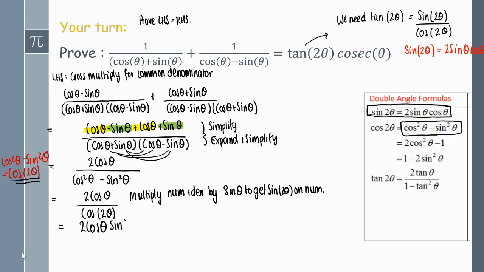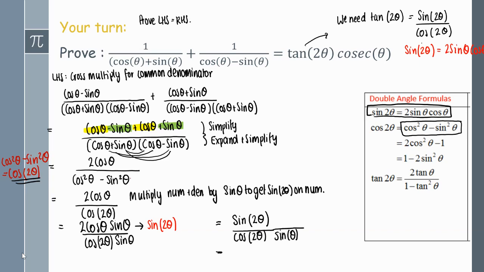So on the top I'll get 2 cos theta sine theta. On the bottom I'll have cos 2 theta, but remember I'm multiplying it by sine theta. So on the top I'll get sine 2 theta, and on the bottom, the cos 2 theta will still be there, and I'll still have the sine theta there. And here we go, the best part, we have a tan: sine 2 theta over cos 2 theta.